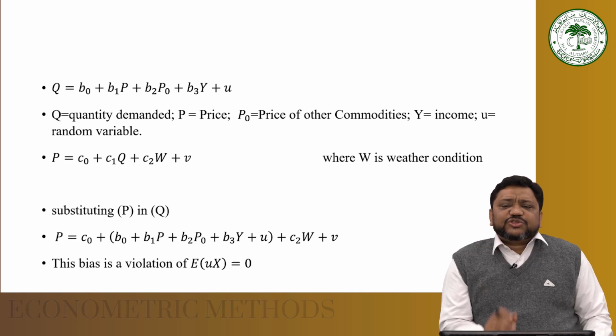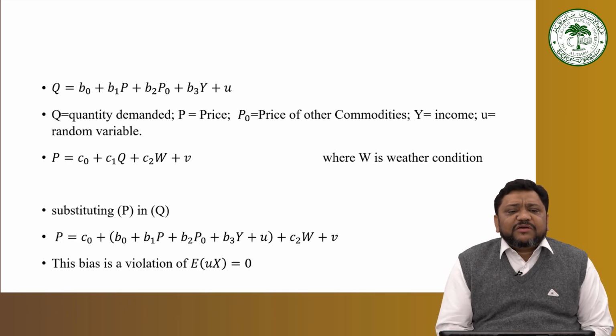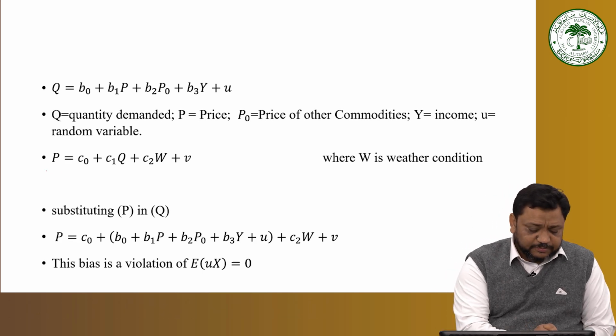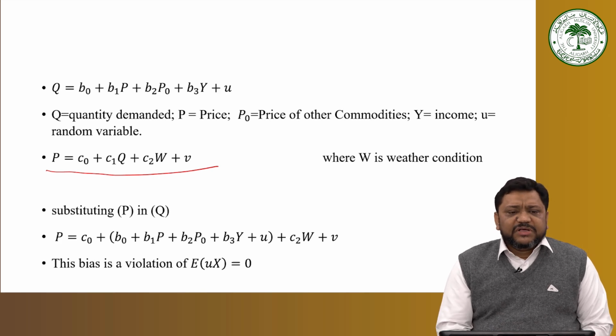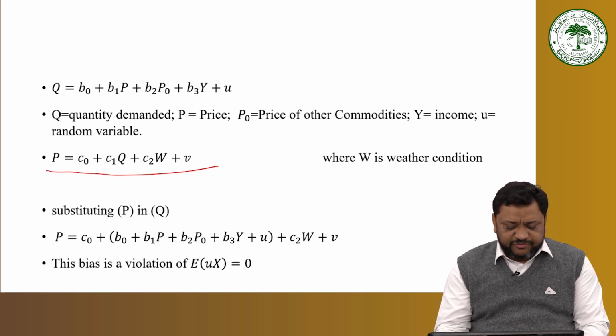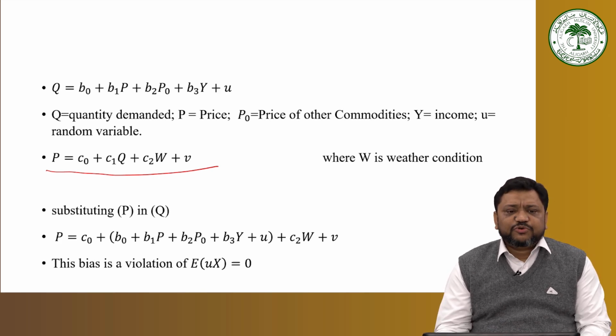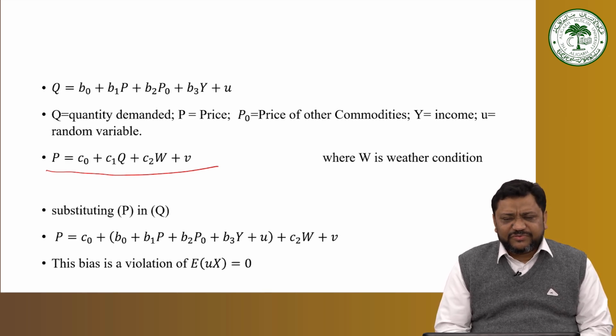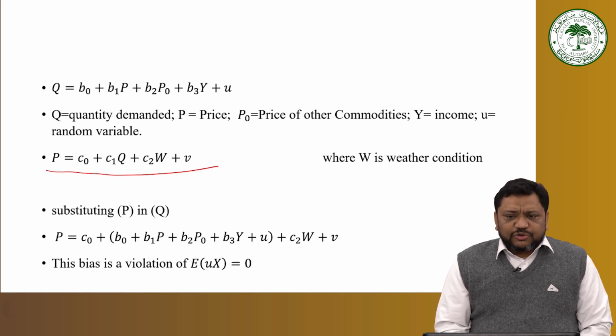There should be at least one more equation over here, so we have stated another equation, P is equal to C naught plus C1Q plus C2W, wherein W is weather. Supply depends upon weather conditions, particularly of agricultural products.